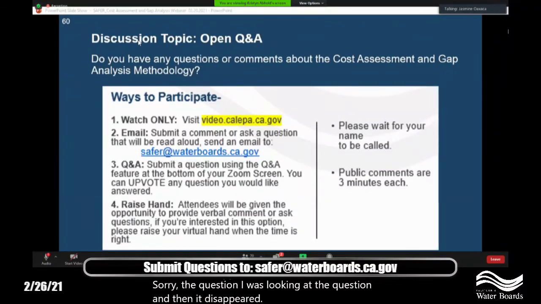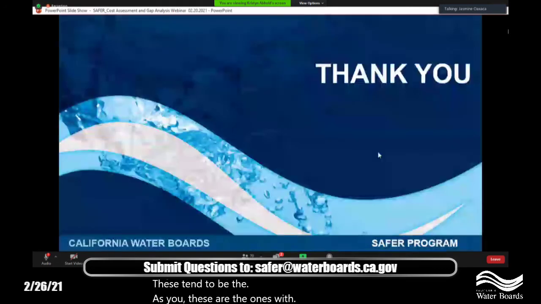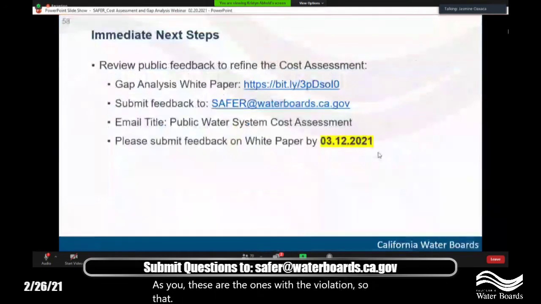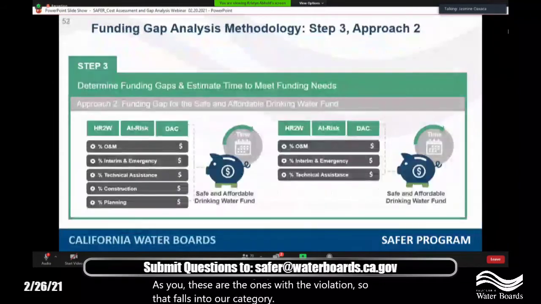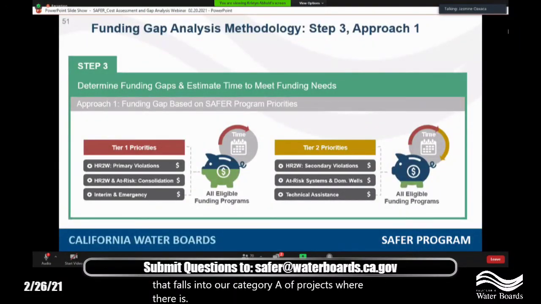So we are prioritizing the human right to water systems in our funding, generally speaking. As you know, these are the ones with the violations. So that falls into our category A of projects where there's an immediate health concern.